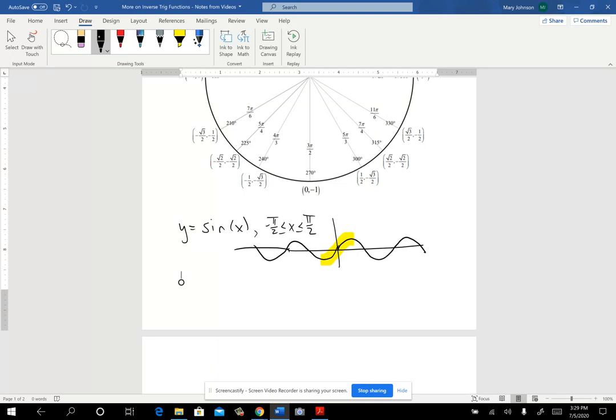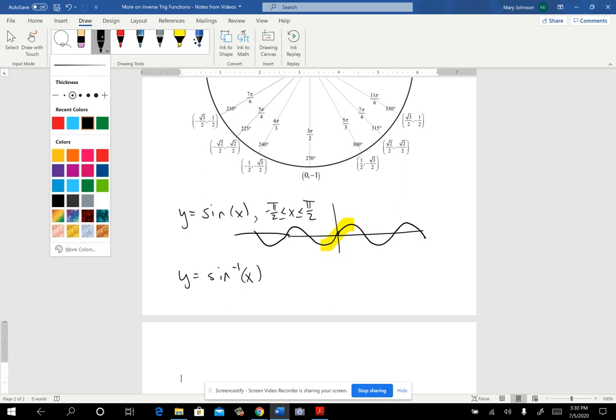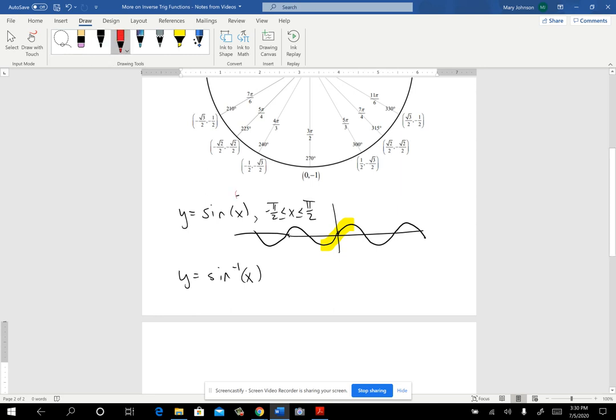So when we find the inverse of this, the sine along with this restricted domain, we're going to have a function, okay? So y equals sine inverse, the inverse sine function. I want you to kind of remember how this works. So do you remember that with the sine graph, this is your angle.